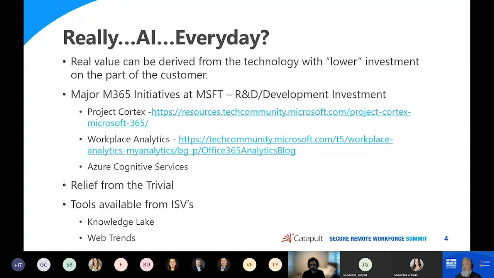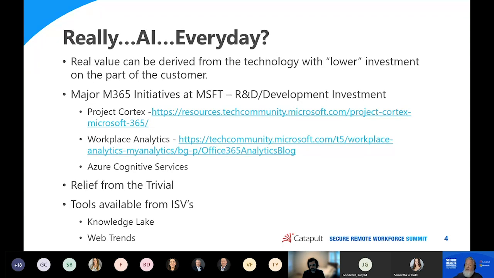I put some links in this presentation so that when you get the presentation later, you can go out. These are tech community links or blogs, basically from the technology professionals at Microsoft that are working on these technologies, and we can drop one in for cognitive services as well. It's a place to get started to take a look at deeper issues within these technology stacks.